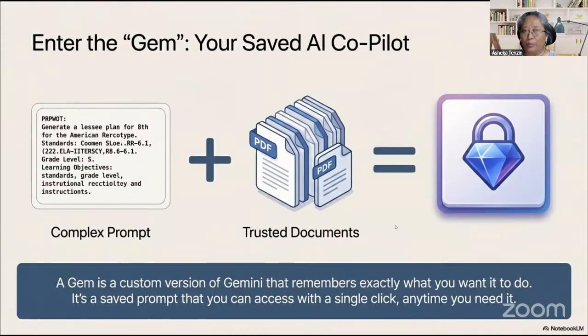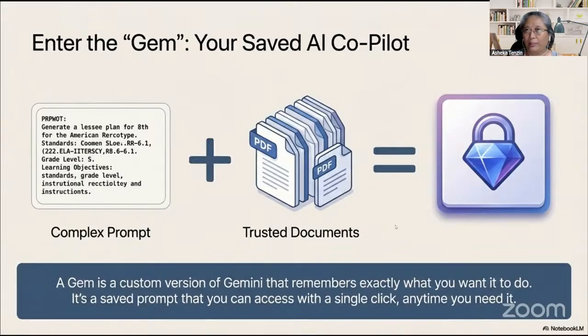Whatever complex prompt you have, if you have to create lesson plans or differentiated worksheets or choice boards again and again, you can take a complex prompt and also add some knowledge documents from where it can refer. I teach MYP science, so I'll give you examples of science.